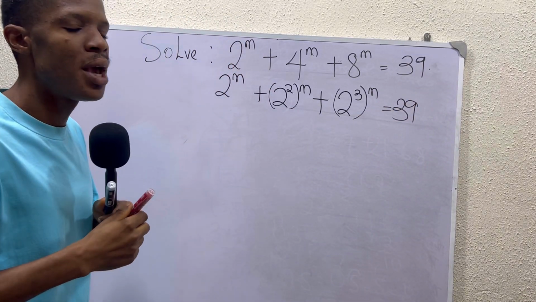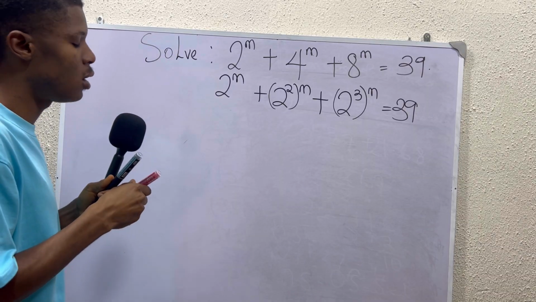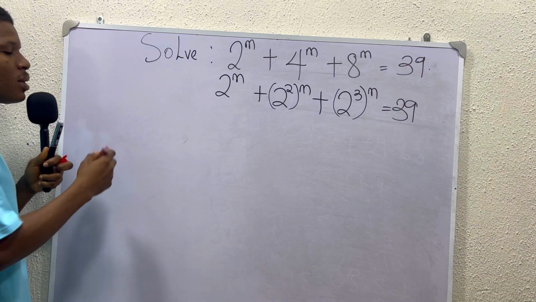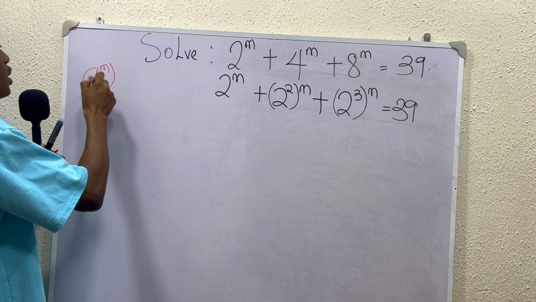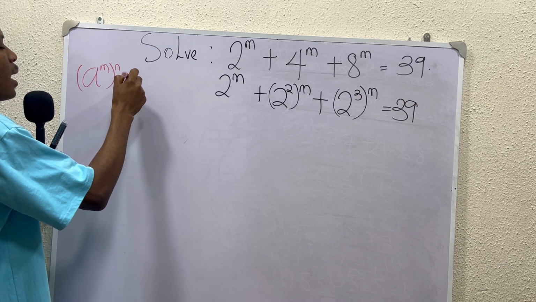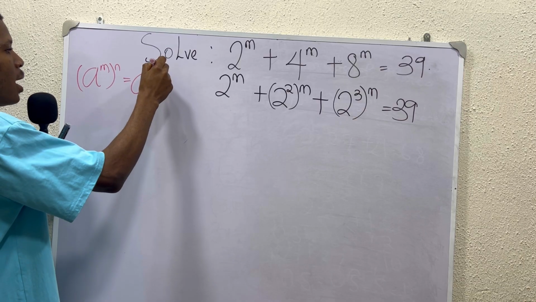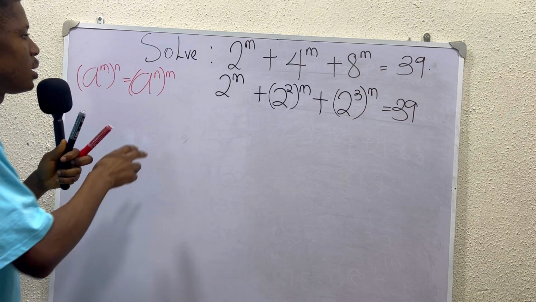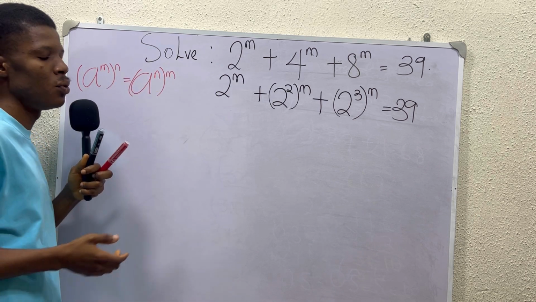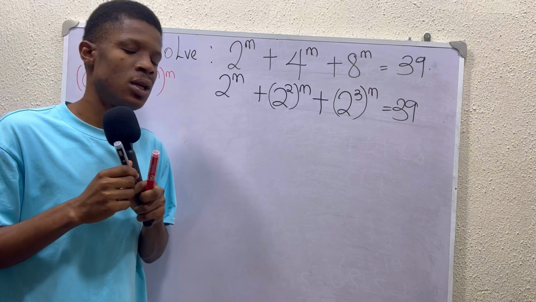Okay? So when you have this, you simply recall the laws of exponents. The law of exponents says that a to the power of m, then raised to power n, can be seen as a to the power of n, then raised to power m. Since it is multiplication, we can flip their positions. So what do we do here?